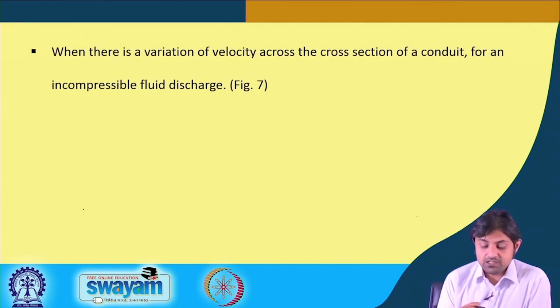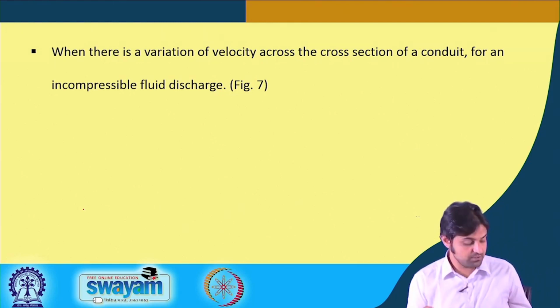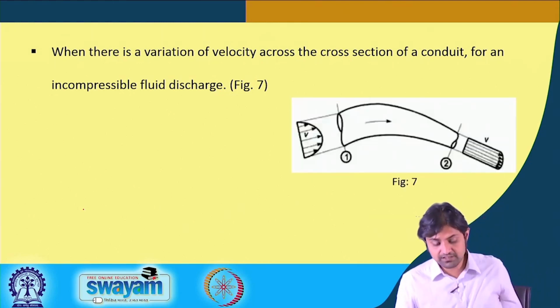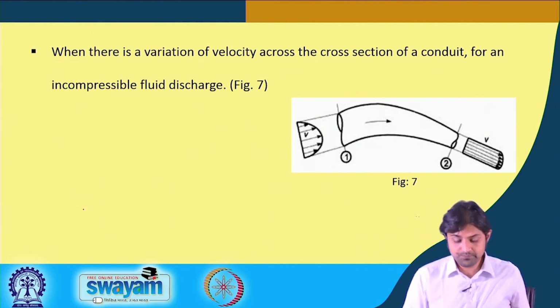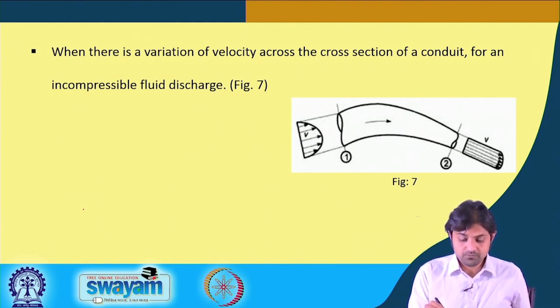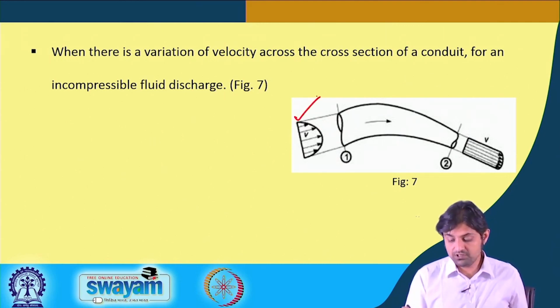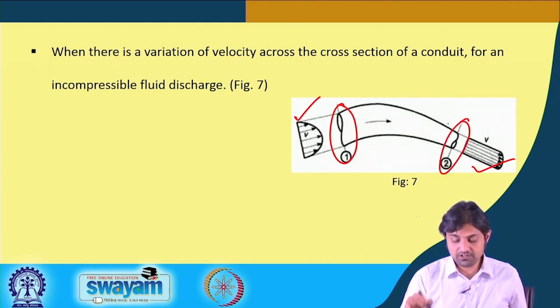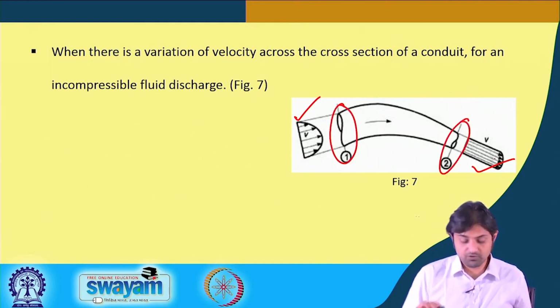Now when there is a variation of velocity across the cross section of the conduit for an incompressible fluid discharge like this, you see this is the velocity component V, this is cross sectional area 1, this is cross sectional area 2 and this is the profile.